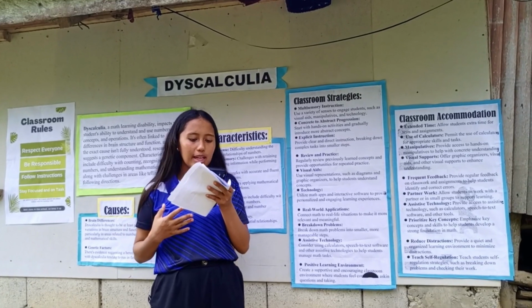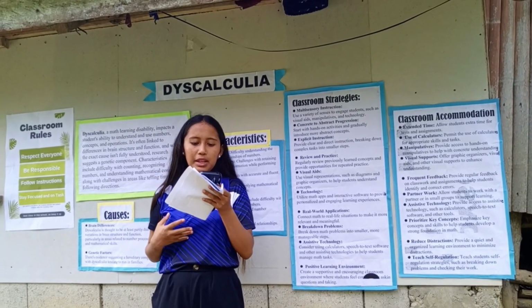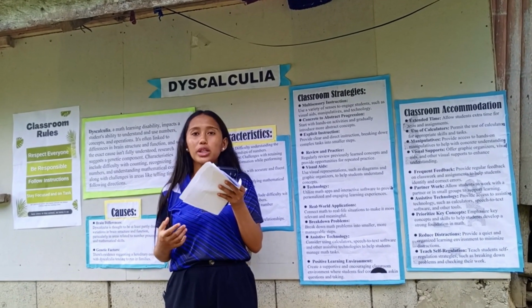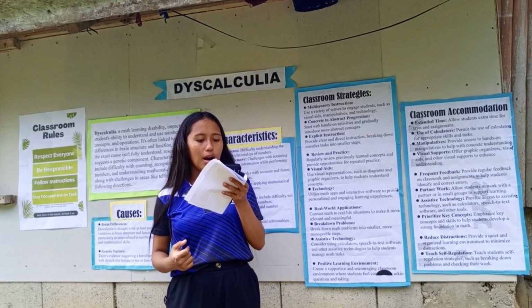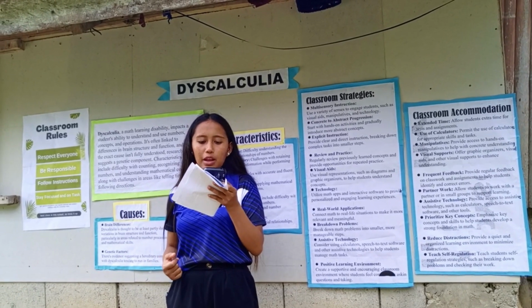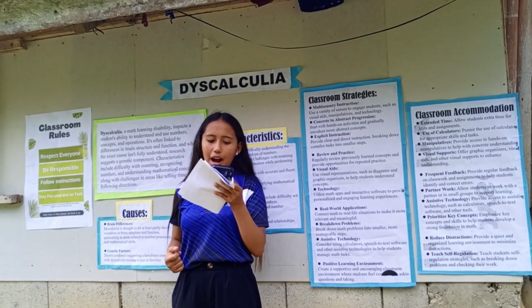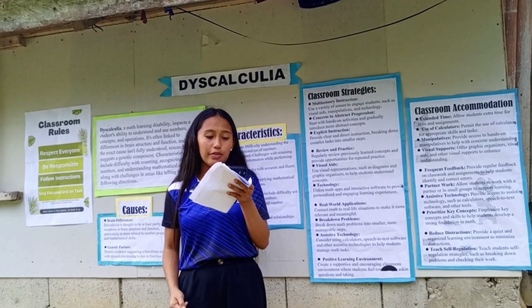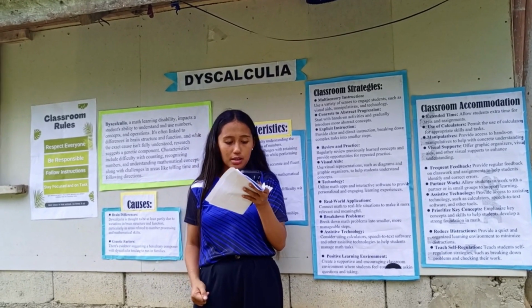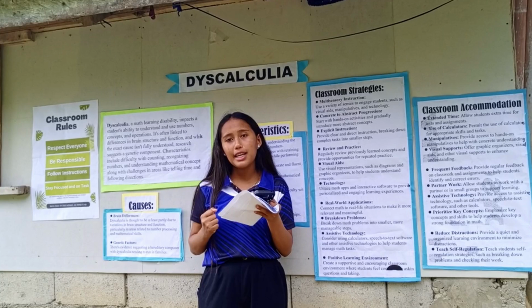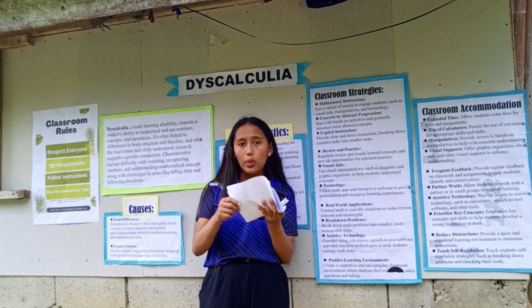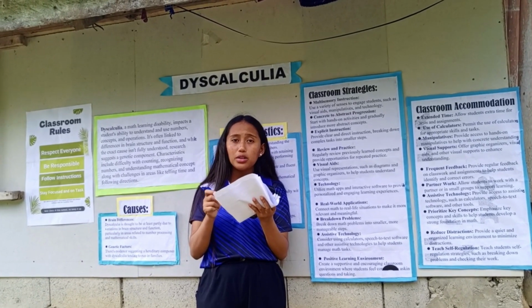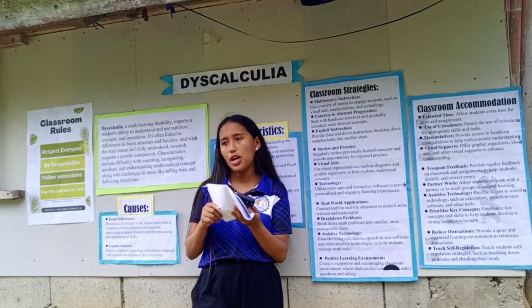Each group will create a scenario about dyscalculia. Each group must be given 2 to 3 minutes of presentation. After performing, they will explain what they are performing. Do this in 5 minutes of preparation. So, the rubric is here, class. So, I will give again a rubric about your presentation.